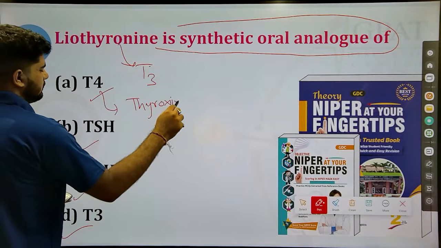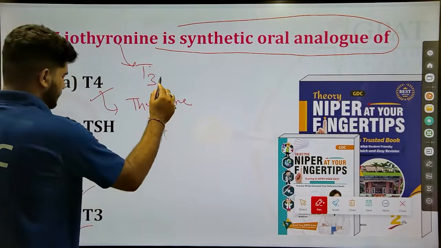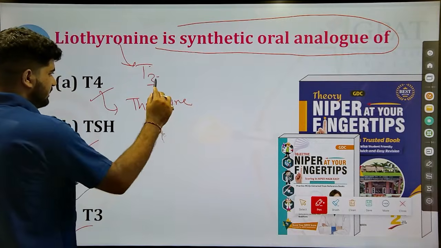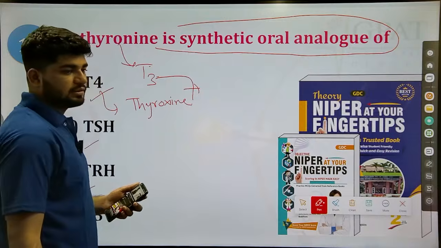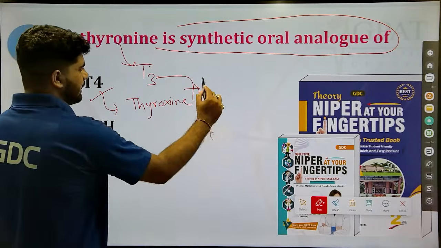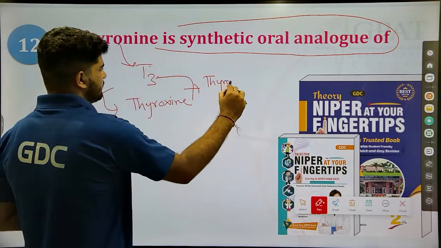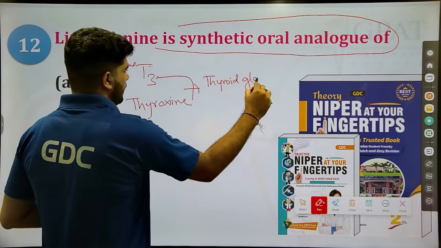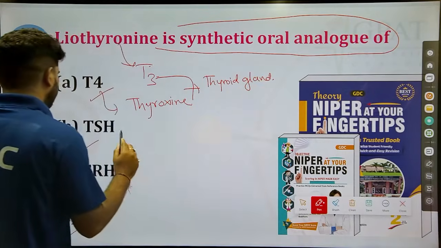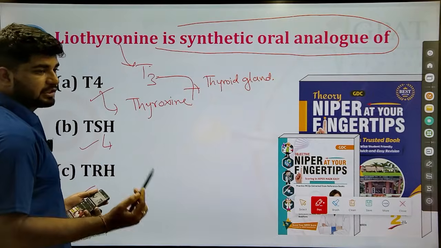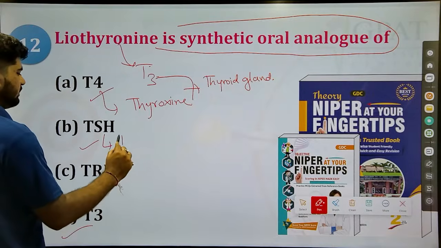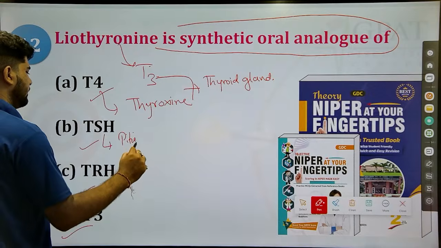T3 and T4 are secreted from the thyroid gland. And if I talk about TSH, TSH is secreted from your pituitary gland. Make sure you remember it.